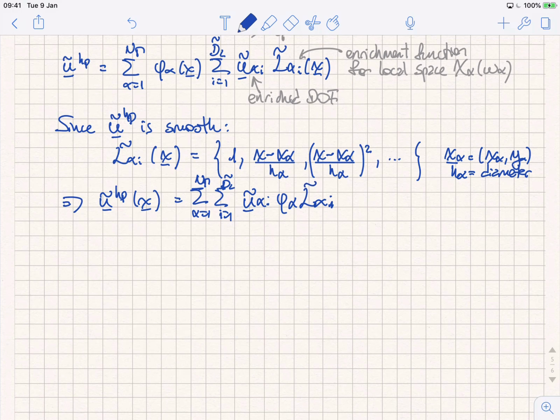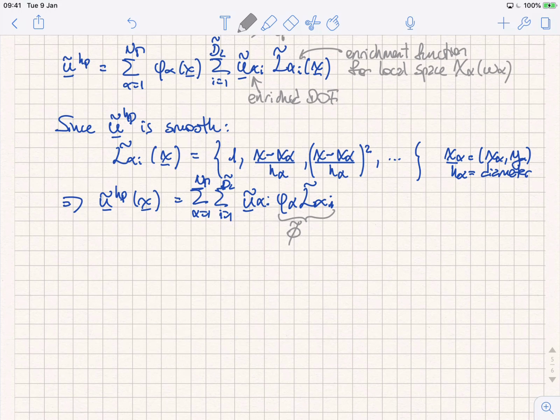And if you remember, when we had the product of a shape function and the enrichment function, how did we call this product? Phi.